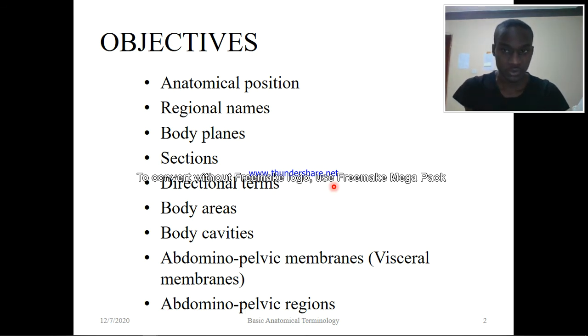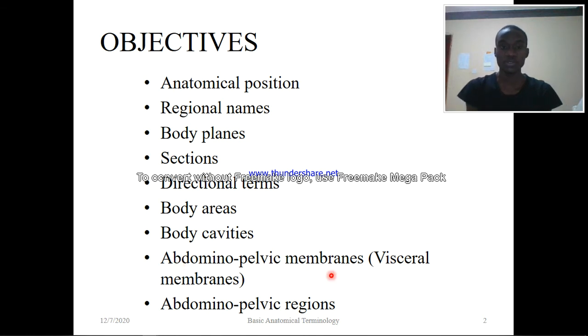By the end of this topic, you are also expected to define the term body cavity. So we should be looking at the different types of body cavities in the human body, and describing those cavities.